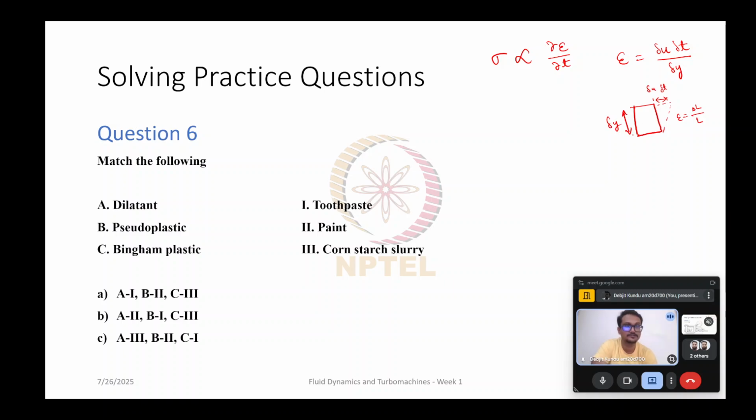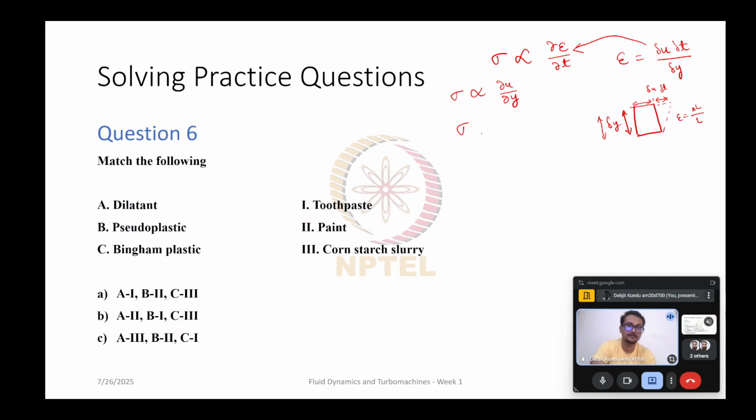In case of shear strain, it is this length that we are considering, not this length, just to be clear. So epsilon can be written like this, and sigma, now I'm plugging this in over here. So what I would ultimately get is dou u dou y, which is the velocity gradient in the y direction.